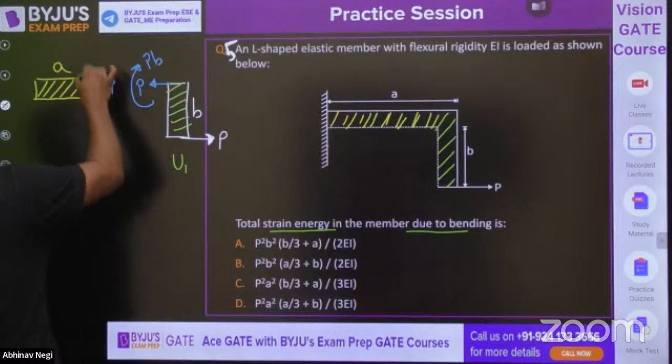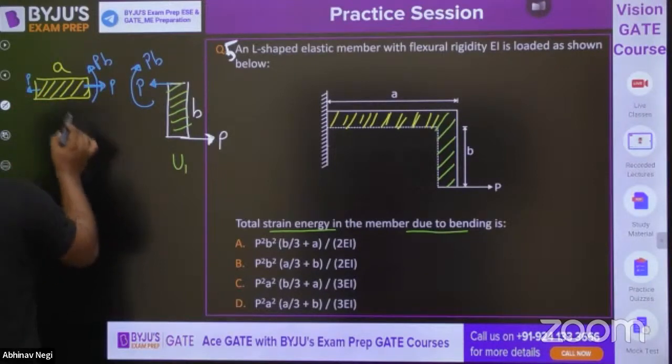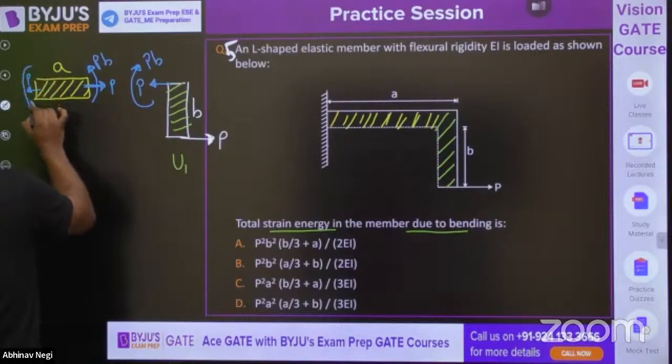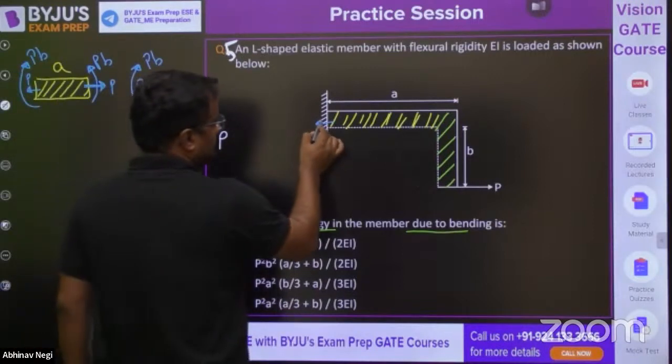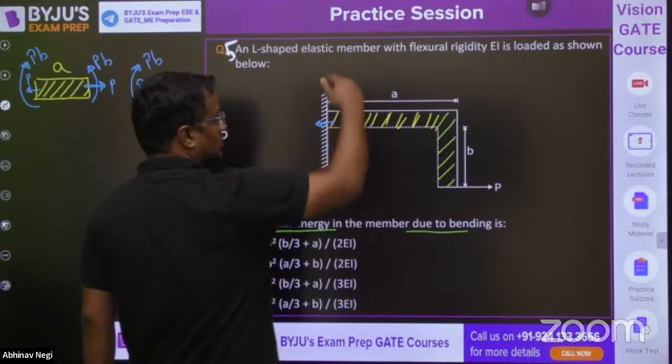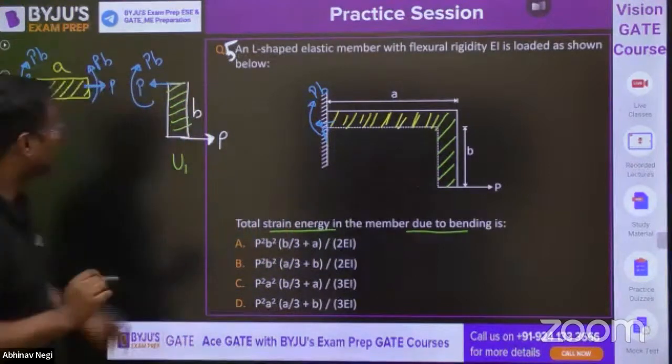If here it is clockwise, here it is anti-clockwise, PB, and of course for balancing, here it will be P, and here it is PB for balancing. You can directly see these reactions from here also. For summation Fx, this will be P. This P is applying a clockwise moment, and reaction can be directly seen here also.